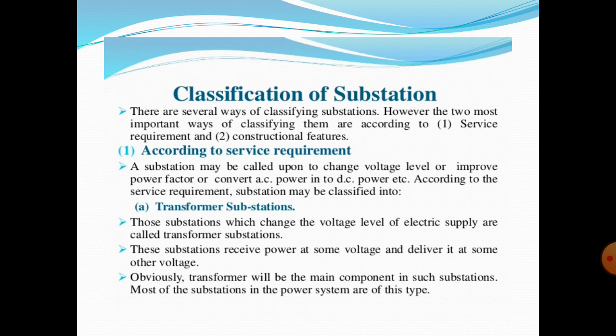A step up transformer increases the voltage level. For example, the incoming voltage is 11 kV, and the transformer steps up the voltage from 11 kV to 230 kV or 66 kV.